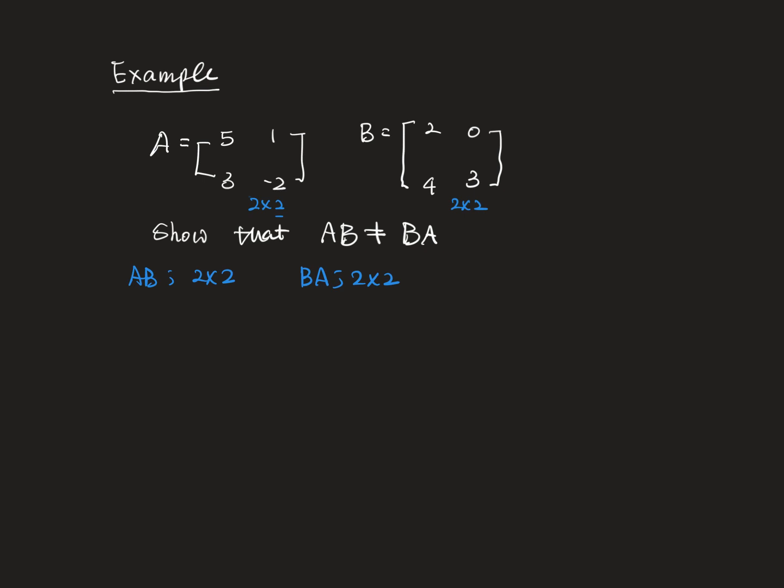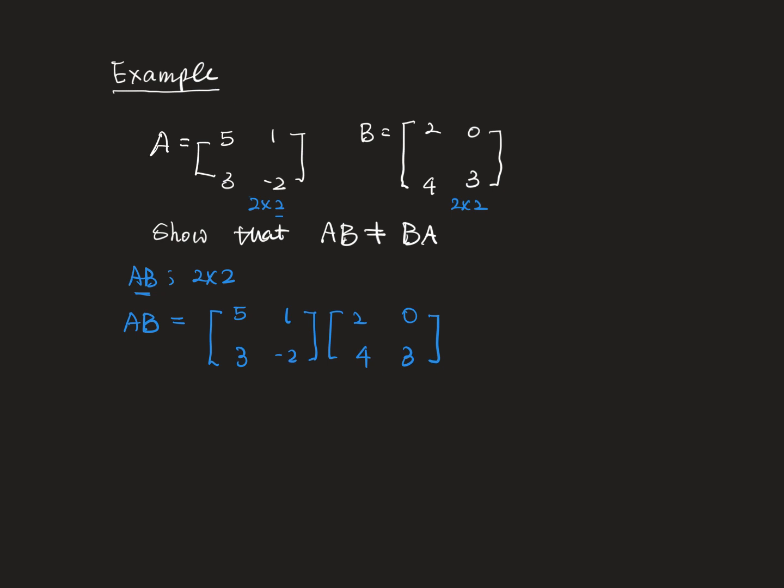Which method do you want to use? It's up to you, guys, but I'm going to use the row column rule. Let's do this one first. Here is AB: 5, 1, 3, negative 2 times 2, 0, 4, 3.